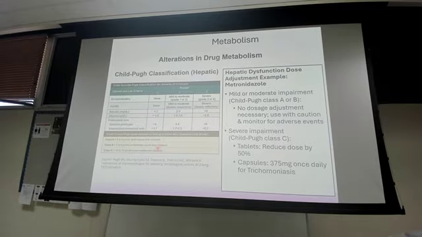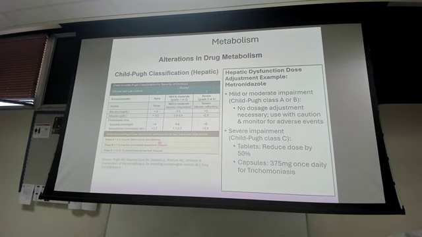You can go into LexiDrug, LexiComp, and say, all right, my person has a Child-Pugh score, they're in class B. Then it would say, for class B, you need to decrease the dose by 25%. Or it may say you need no dosage adjustment at all.